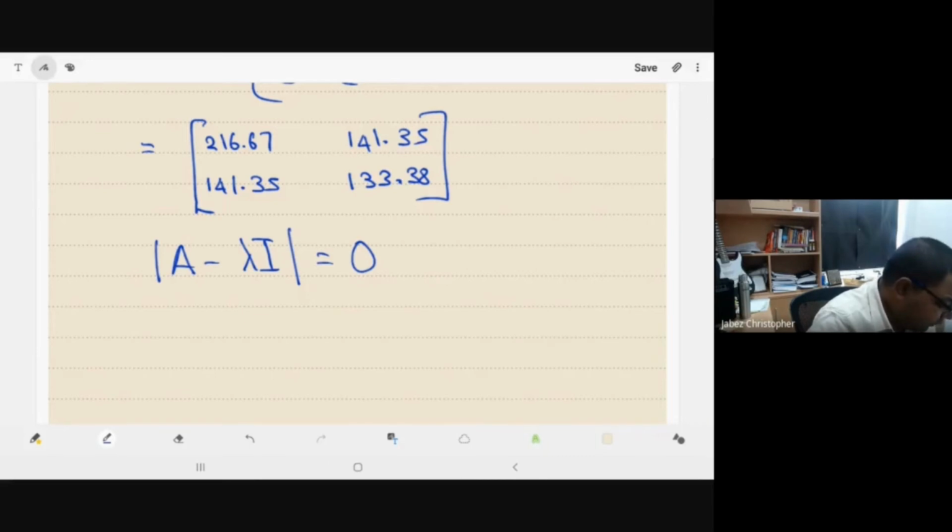For computation of eigenvalues and eigenvectors, you can find the characteristic equation and solve it using any online solver. It's not that tough, just a 2 cross 2 matrix.